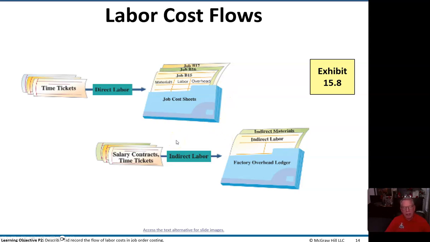We have people that clean up the floor, some mechanics, those kinds of people that are not directly associated with the job, but still very important in keeping the plant clean and the equipment maintained and those kinds of things. Those are indirect labor, and they go into the factory overhead pool, just like indirect material did.